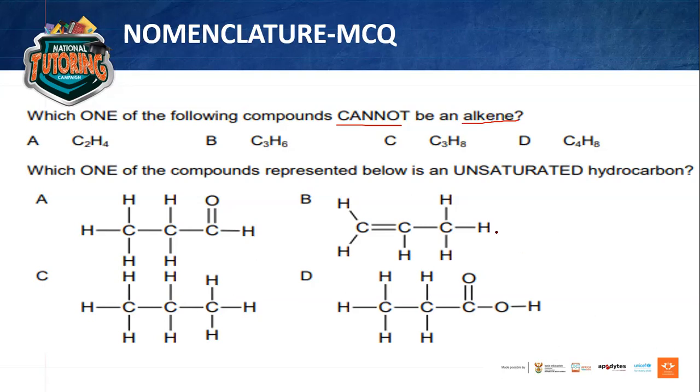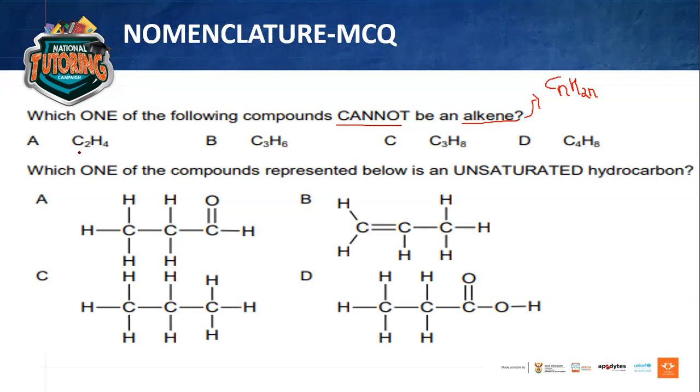So for you to work with that, you must remember when you have a molecular formula, you can actually start thinking about a general formula, because normally we use a general formula to determine a molecular formula. Now, the general formula for alkenes, we know it's CnH2n. Are we together? So any molecule that is not defined by this general formula, then it is not an alkene. And we know the n stands for the number of carbon atoms.